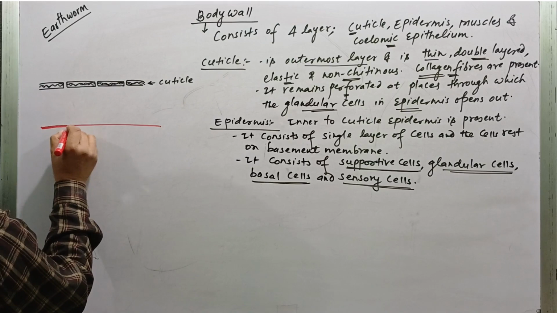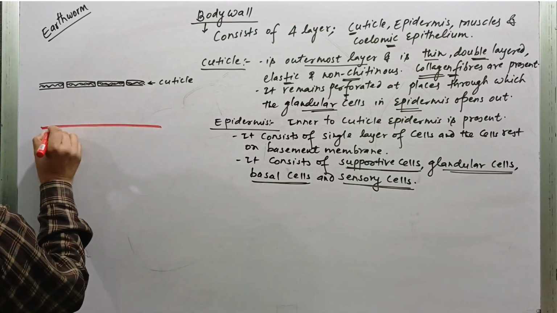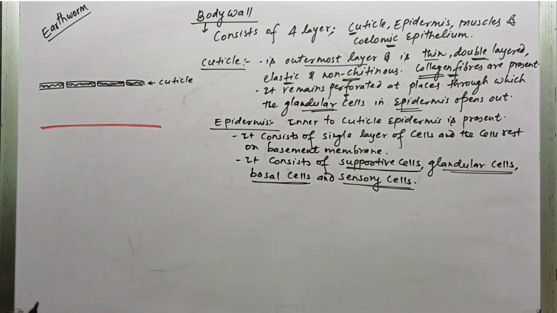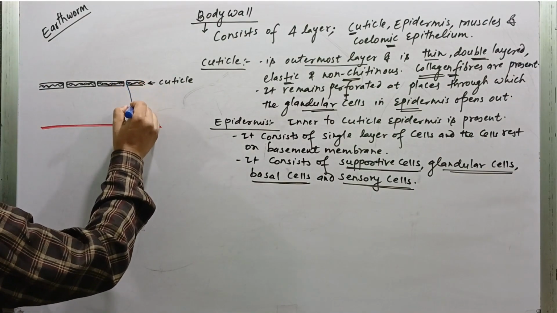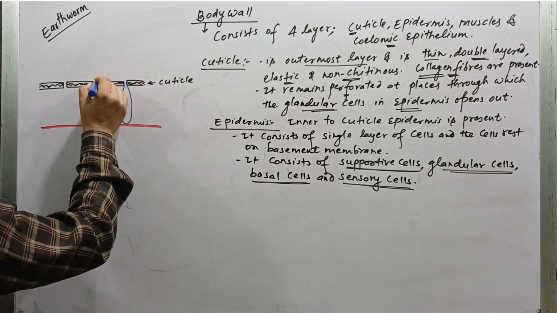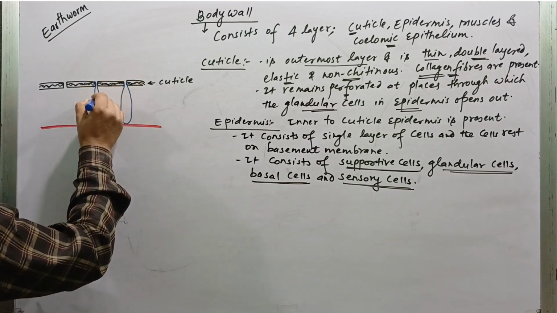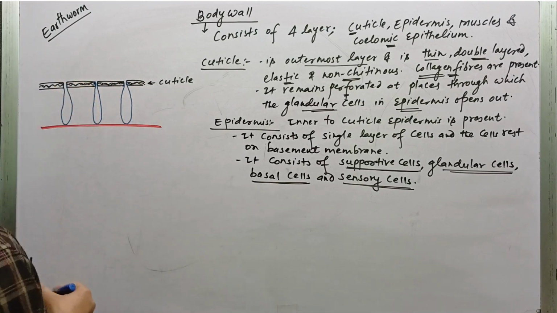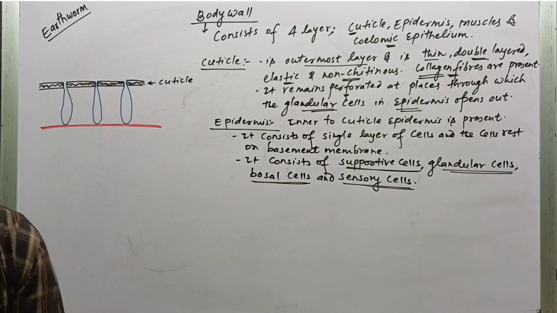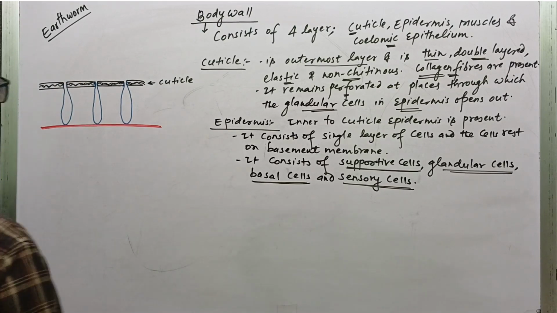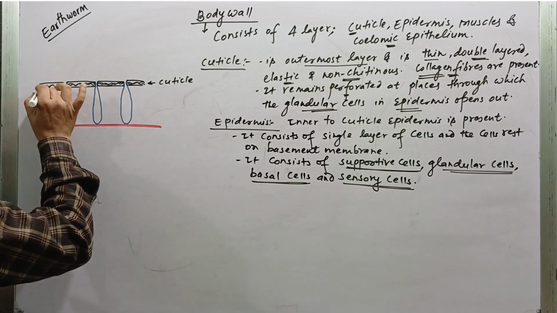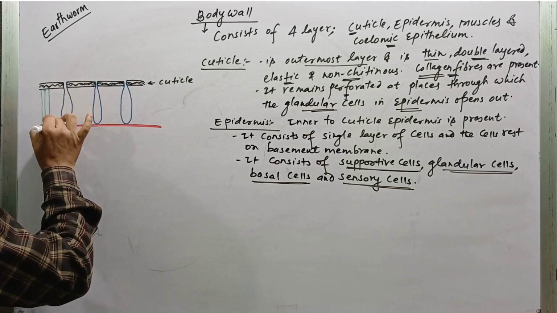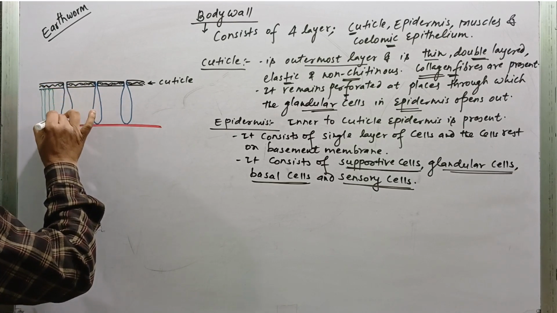Okay, now the basement membrane. This is basement membrane. Now the glandular cells. This is the glandular cell. And now the supportive cells. The supportive cells are the cells which are tall column-like cells.